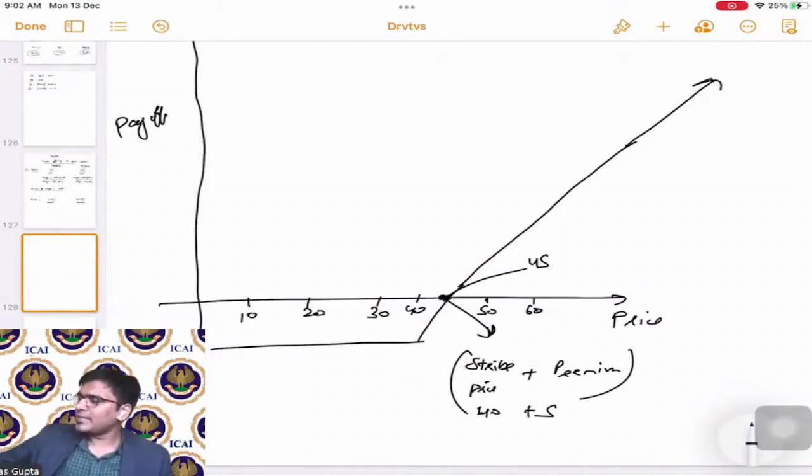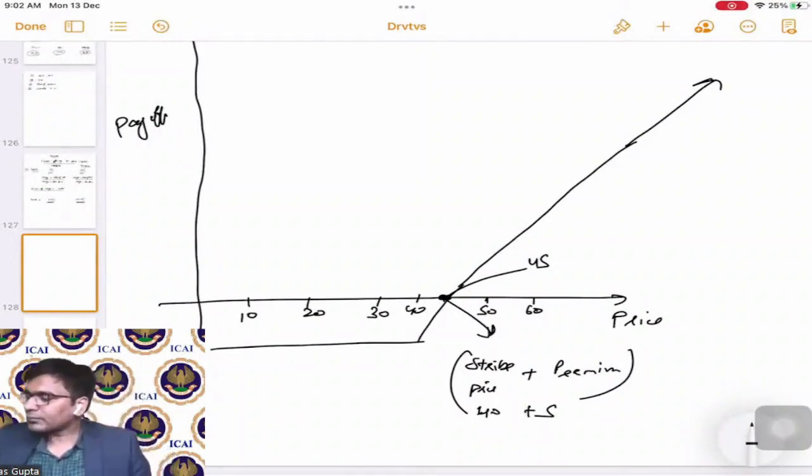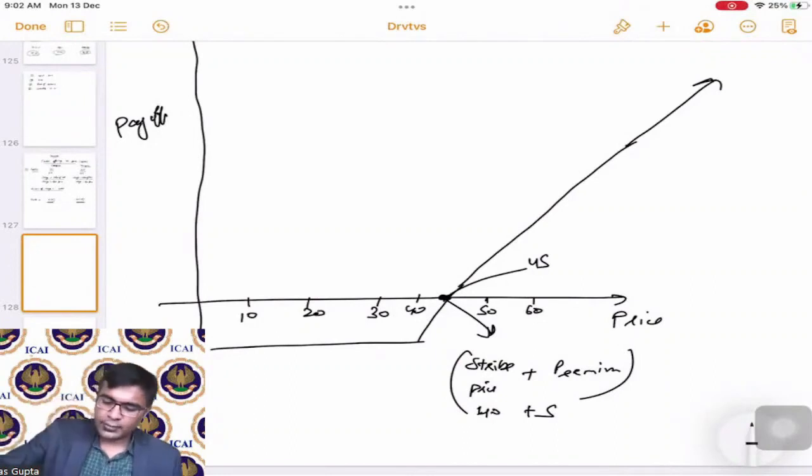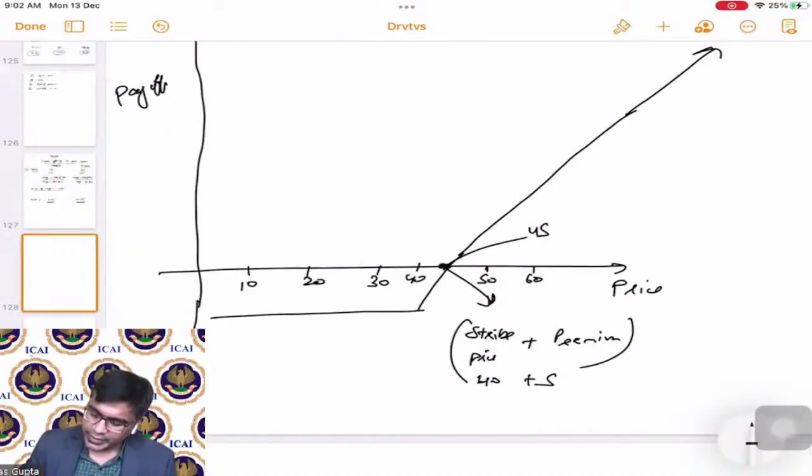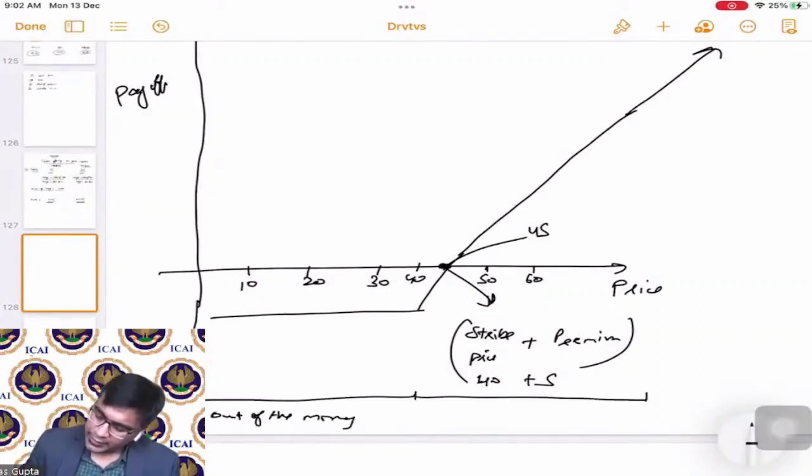Now, if we go by this detail, can we say that, let me first also put that till here it is out of the money, and from here it is in the money, correct?